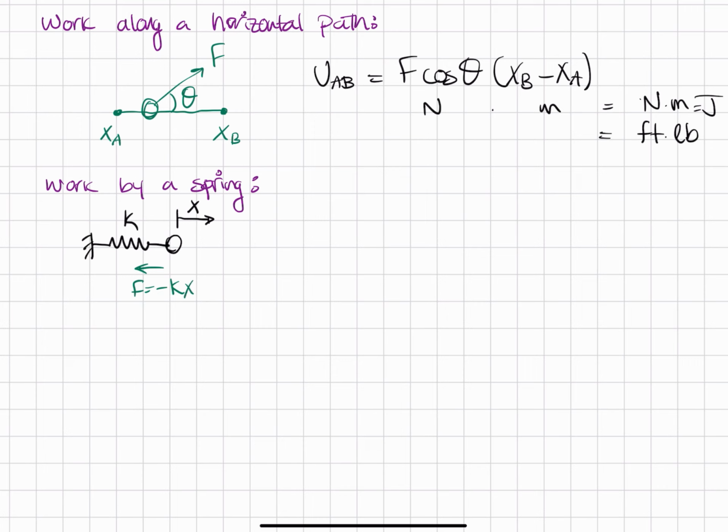So now we could use the force equation again. So it's basically UAB, this time for the spring. And generally speaking, we are looking at integrating force over the trajectory.